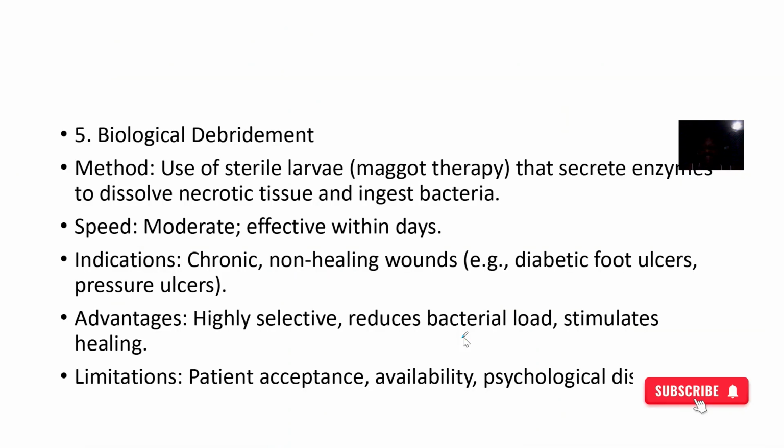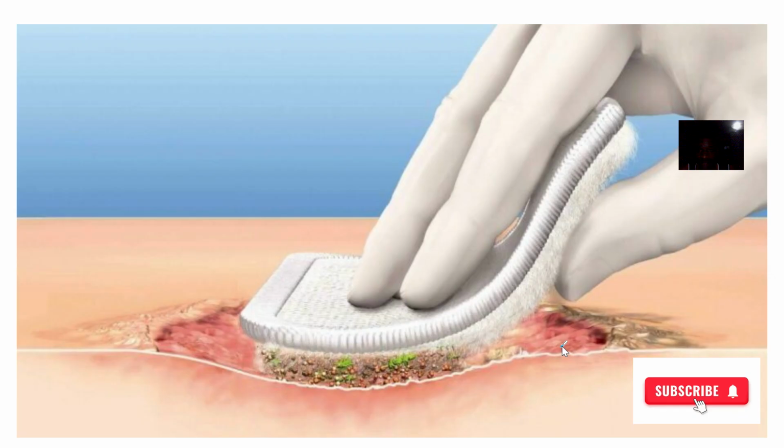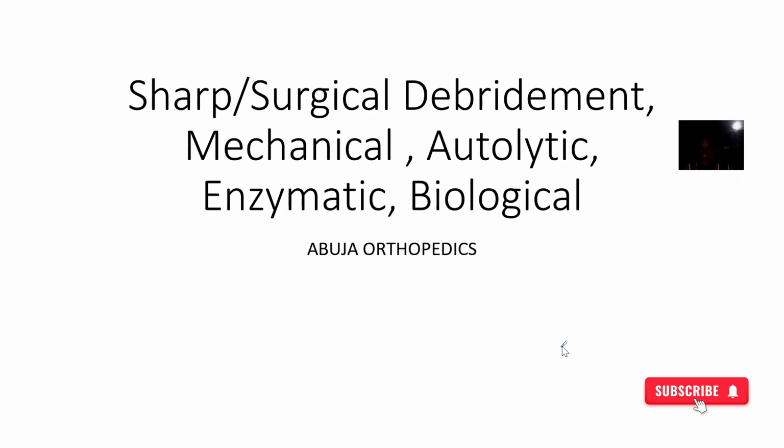You are using sterile larvae, which secrete enzymes that dissolve the necrotic tissue and ingest the bacteria. Speed is moderate, and you use it for chronic wounds that are not healing well, like diabetic foot ulcers and pressure ulcers. It is highly selective, reduces bacterial load, and stimulates healing. So this is what we got for the different types of wound debridement techniques.